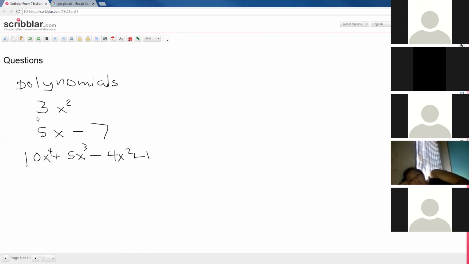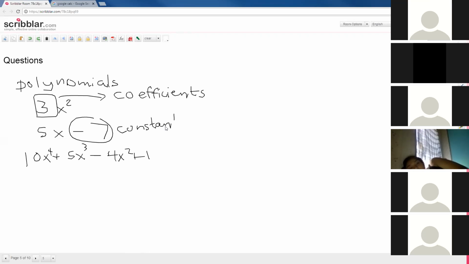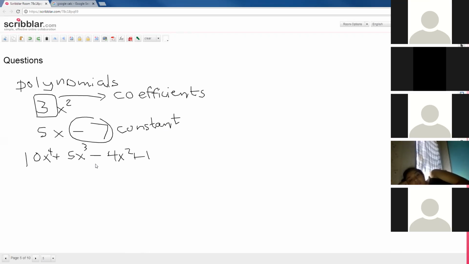The numbers in front of a letter, these are specifically called coefficients. You'll hear that term a lot. Coefficients are always in front of a letter though, so -7 is not a coefficient. -7 is a constant because it's not attached to a variable. So a variable is the letter itself. X is the variable.